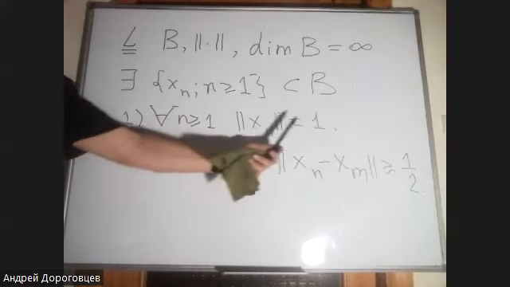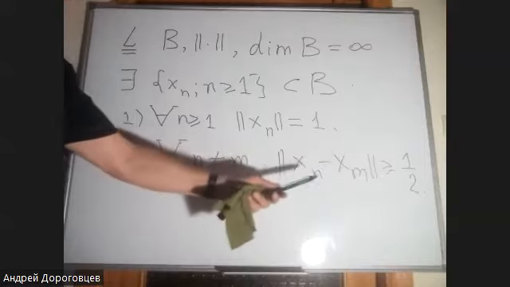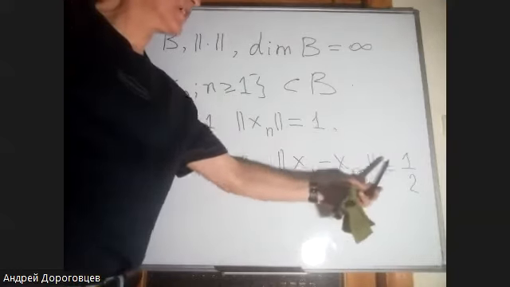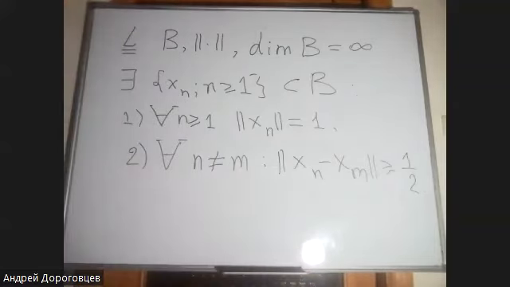Then we will have, due to the Pythagorean theorem, even equality, square root of 2. Yes. So this is the generalization, like generalization of orthogonal system.